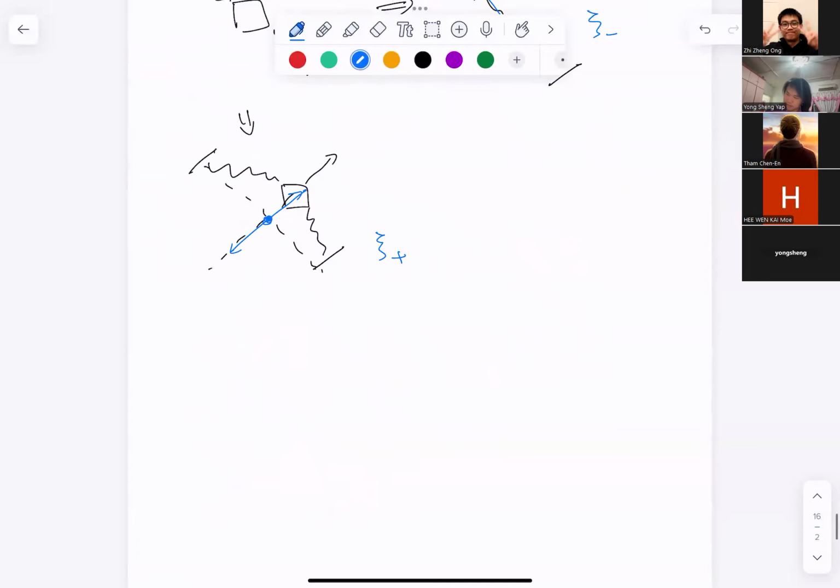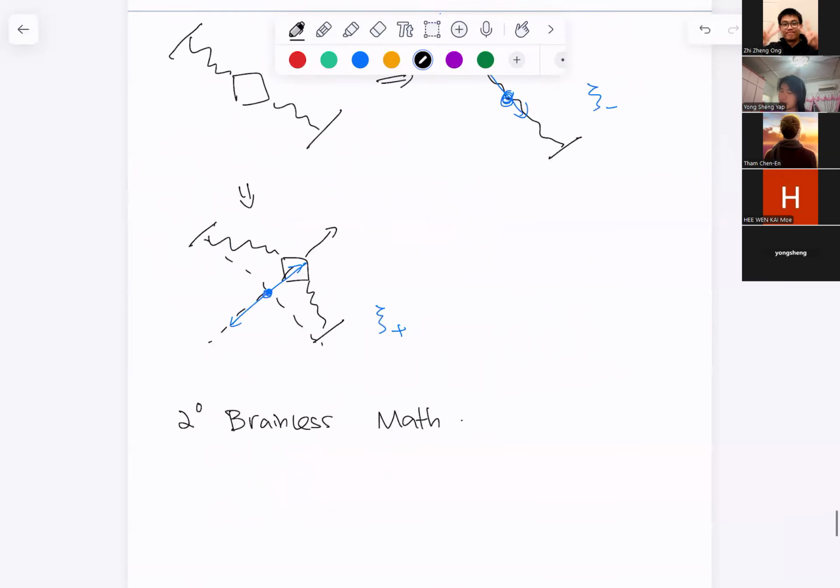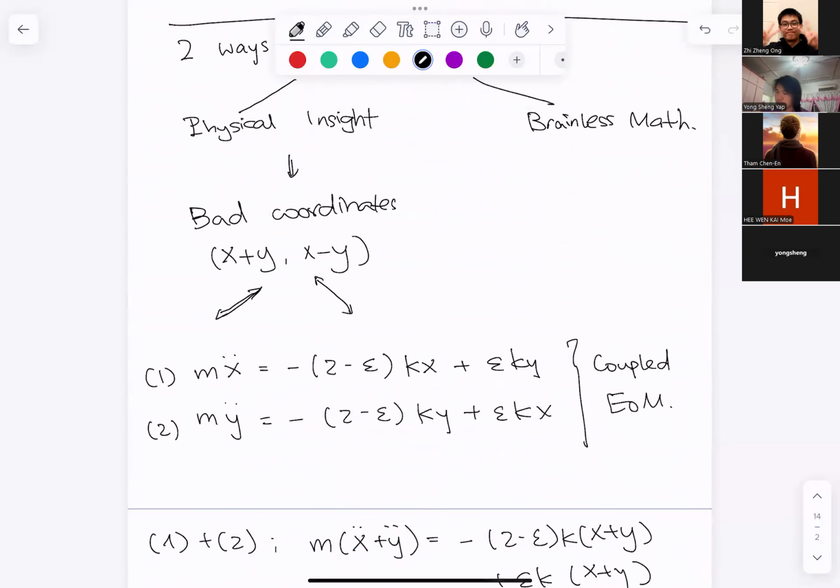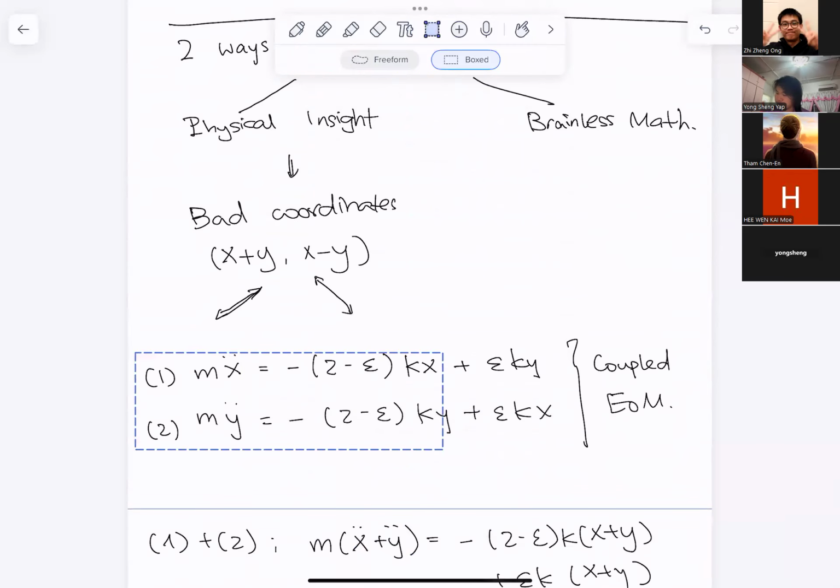I want to spend some time to talk about the second way, which is brainless math. Sometimes it's not as easy to see how you can add and subtract equations of motion such that you gain more insight into physics.